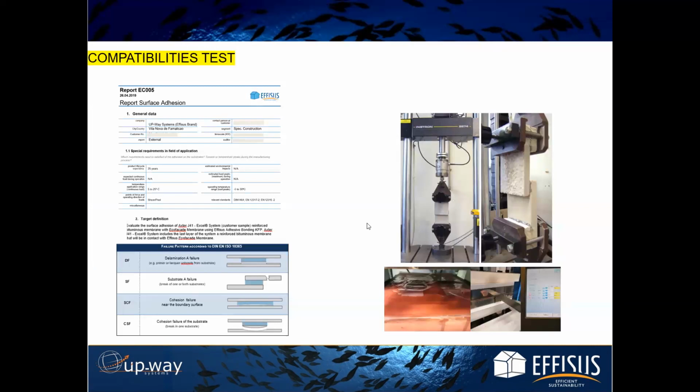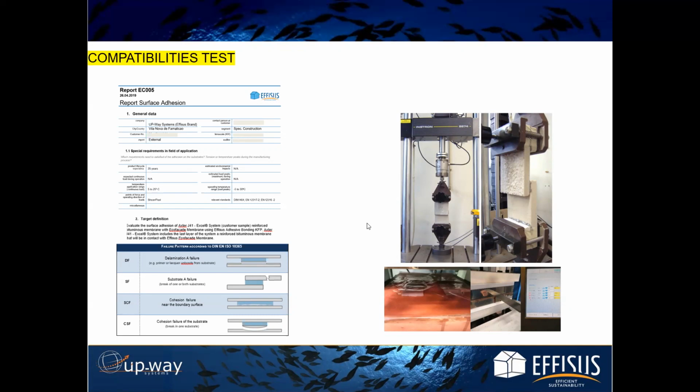And also, part of the consulting that we do at our company, we do compatibility tests, because many times what we see is a lack of compatibility between products or between a membrane and a substrate, and sometimes we have surface adhesion problems.